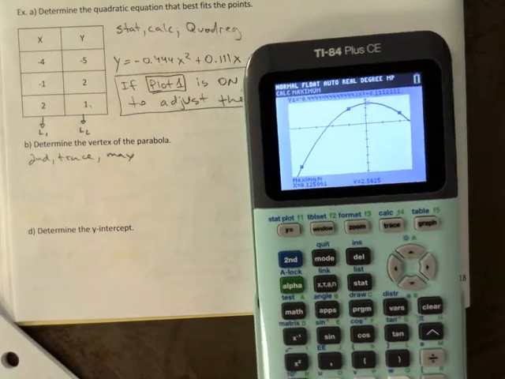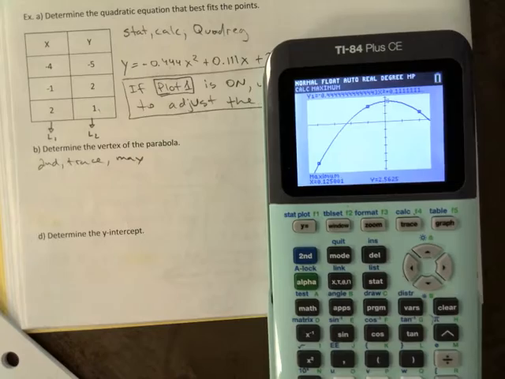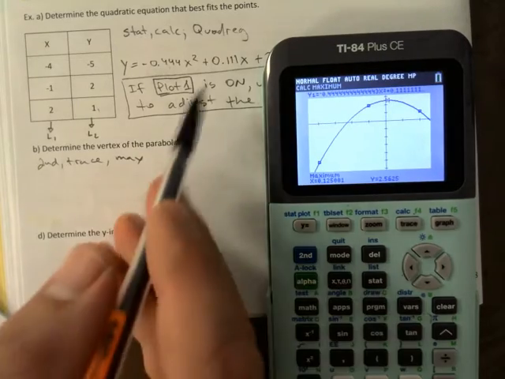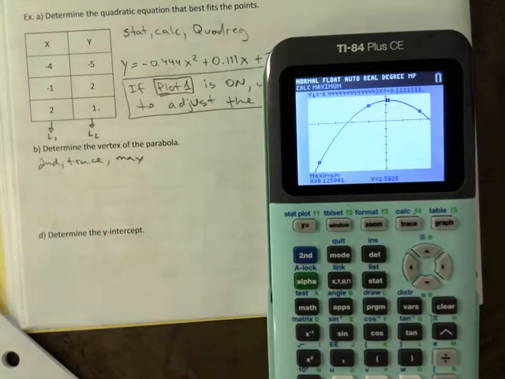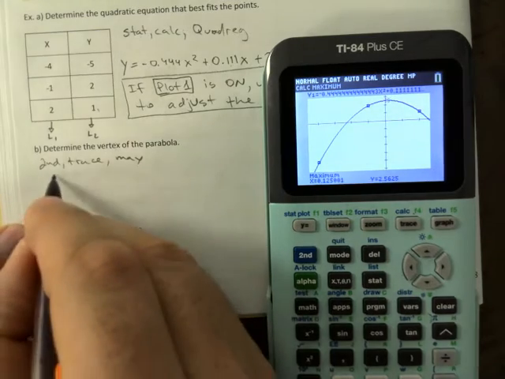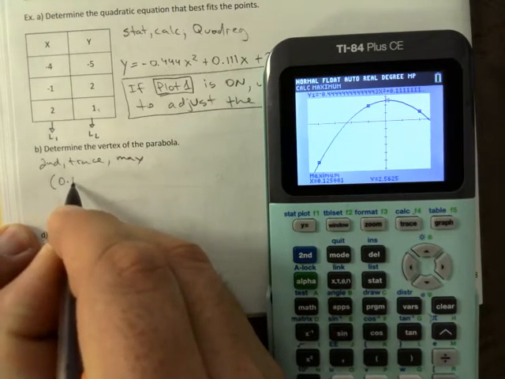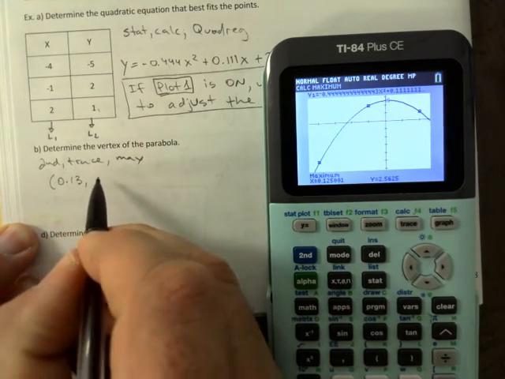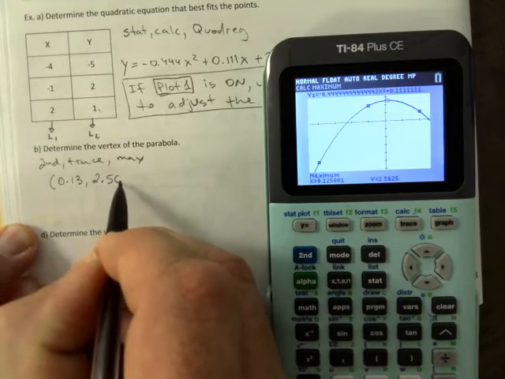And I have to say this. B is not 0, correct? B is slightly bigger than 0, so this parabola is just slightly shifted to the right of the y-axis, right? Remember, when B is equal to 0, the y-intercept is going to be the same as your vertex. In this case, it isn't, right? So we go 0.13 if you round it, 2.56.